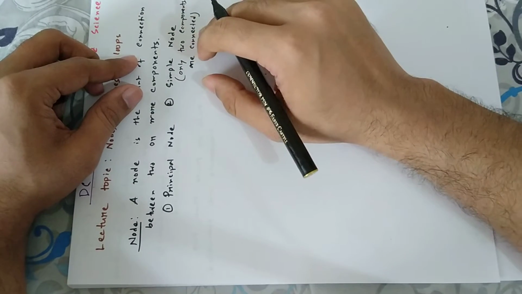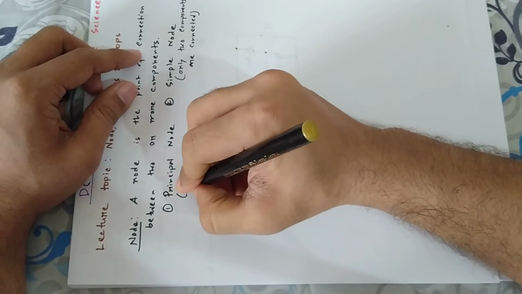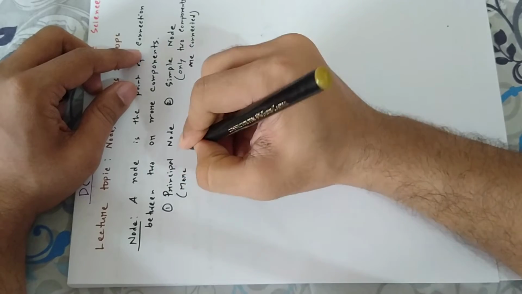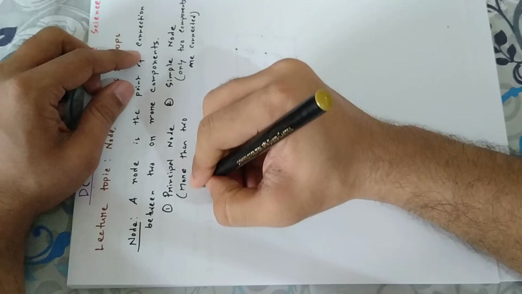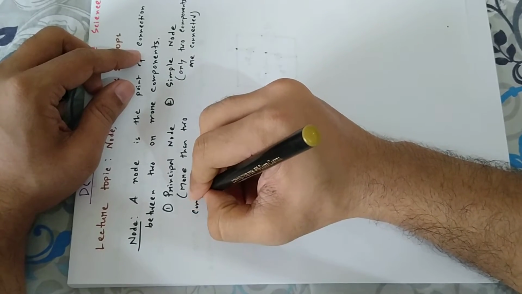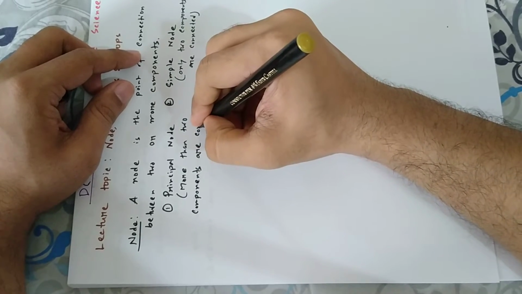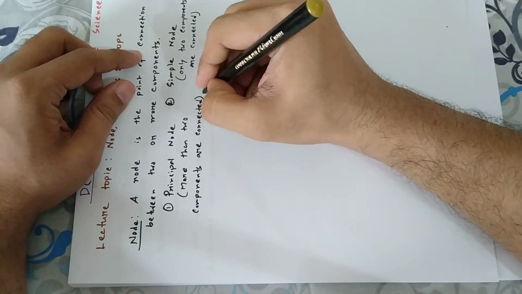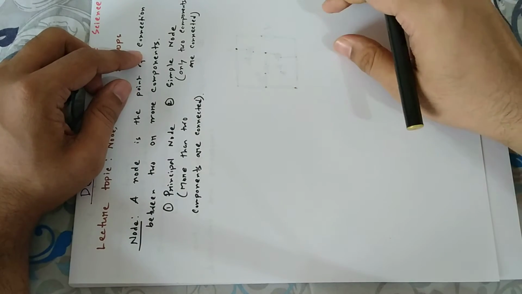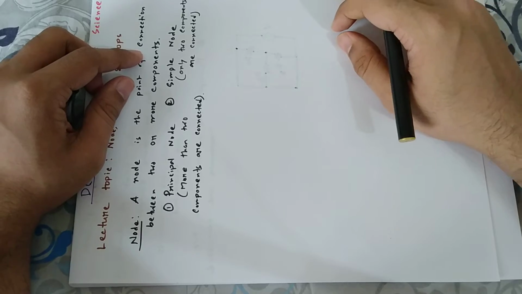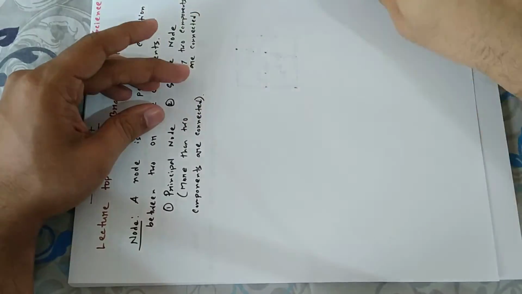And in a principal node, more than two components are connected. I think now you have a very clear idea about principal node and simple node.